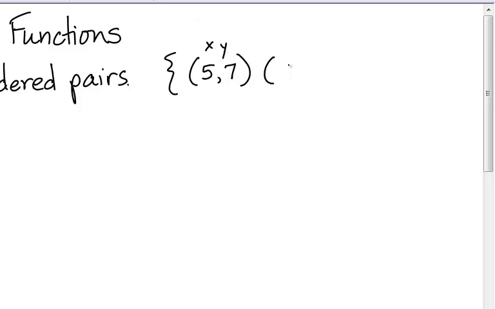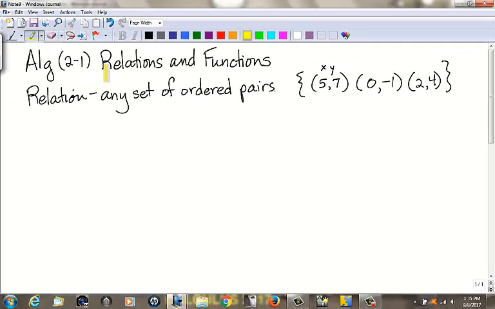Another ordered pair, I'm just making these up, 0, -1. Another ordered pair, 2, 4. And it's a set, so you have to have the braces. Okay? These are critical because it does represent a set of ordered pairs.